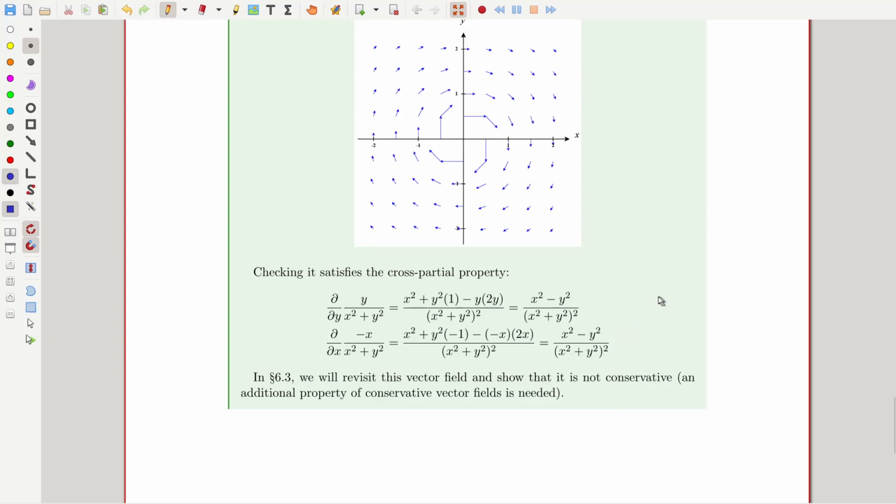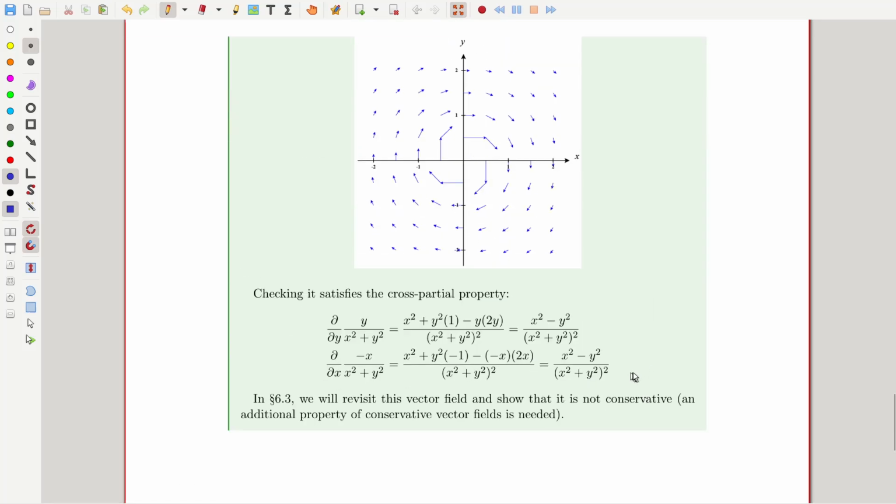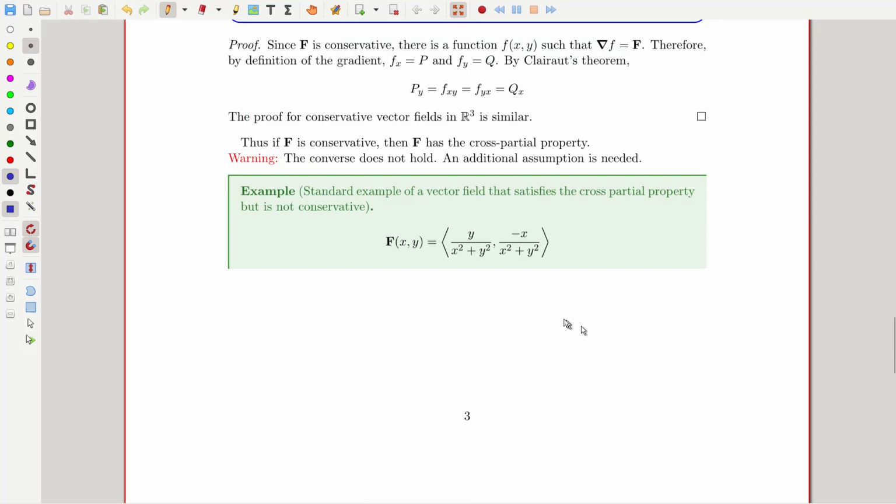But the issue is it's not going to be conservative. This vector field is not conservative, and I can't justify that here. We'll justify that in section 6.3. When we have the additional assumption I mentioned, where the vector field needs to be on a simply connected domain, this is not on a simply connected domain. Notice that this vector field is not defined at 0, and so that excludes this from working.